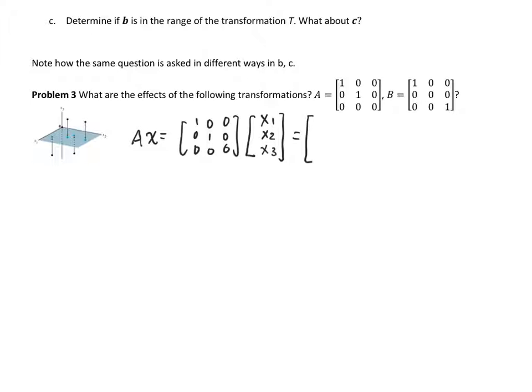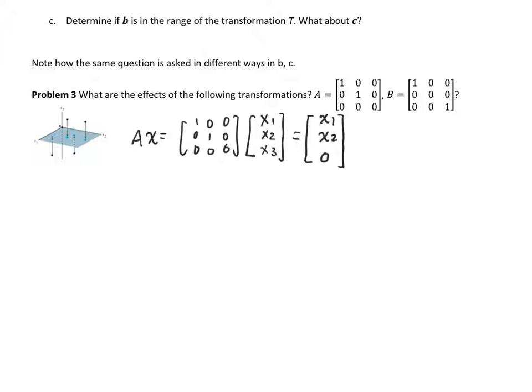You can see that the first one is 1 times x1 plus 0 times x2 plus 0 times x3. You end up with x1, right? Similarly, x2, but the very last entry is going to be the third row times this column, and the third row is all 0, so you get the 0 here.